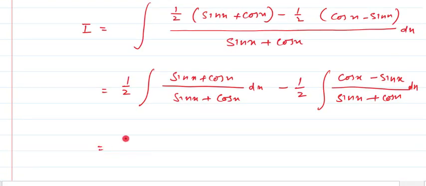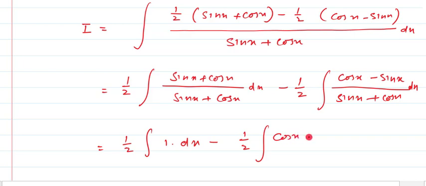Simplifying it further, we are getting 1 upon 2, 1 into dx because it gets cancelled, and the next is 1 upon 2 into, just have a look on it. It is simply the derivative in the numerator, we are having derivative of denominator. So it can be simply done by using substitution method.